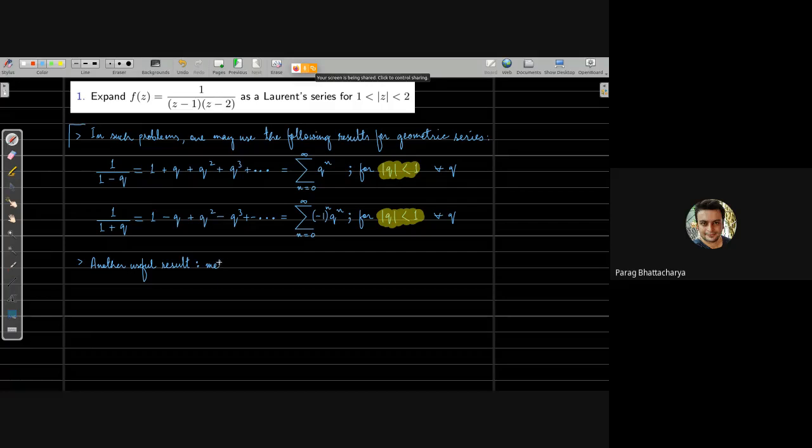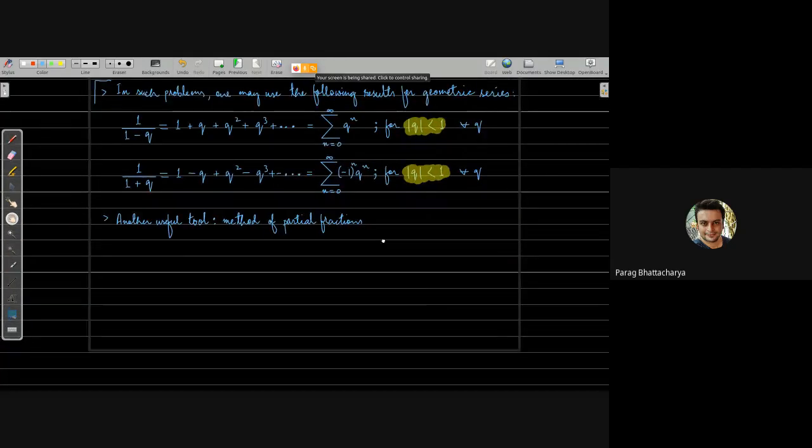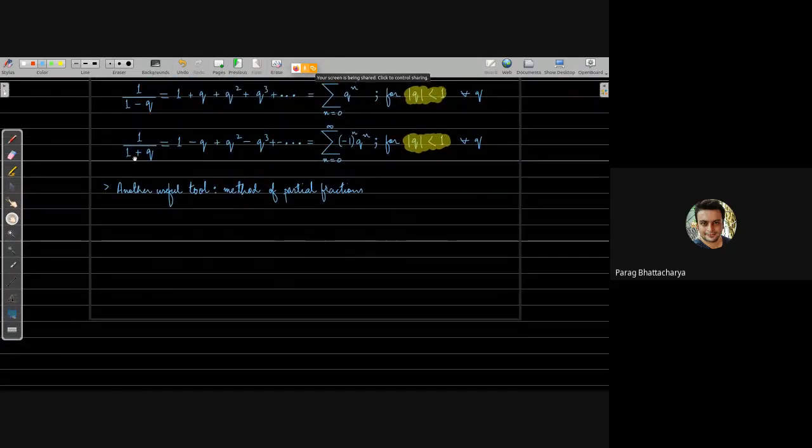It's not a result, it's a method. Okay, what is the method of partial fractions? It basically says something like this.